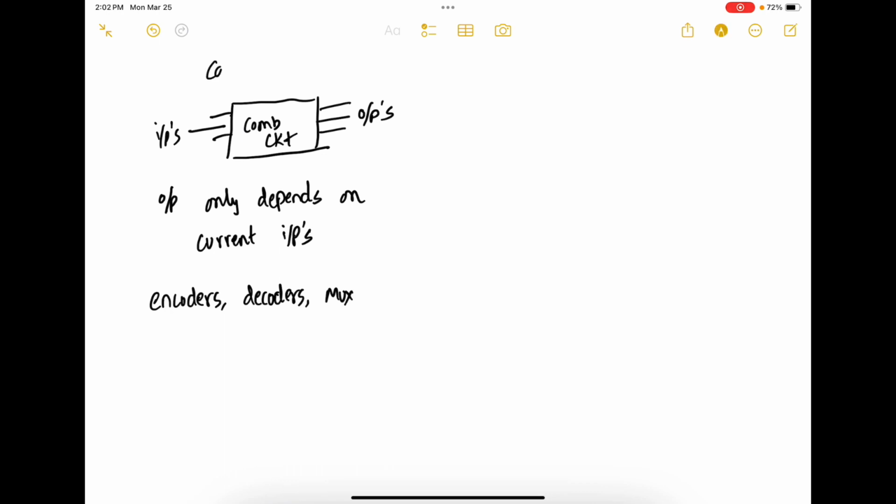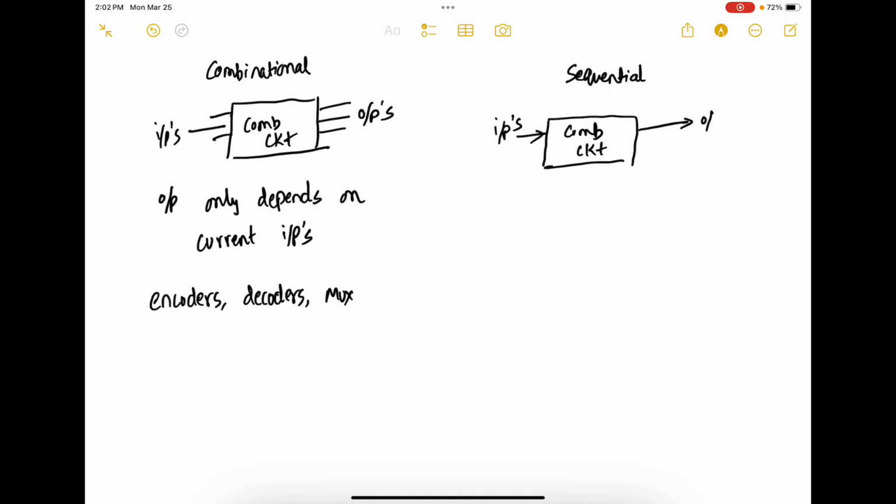So these are combinational. And next we have sequential. In a sequential circuit, it's going to look similar to your combinational circuits. So you have the combinational circuit here. You have inputs. You have outputs.